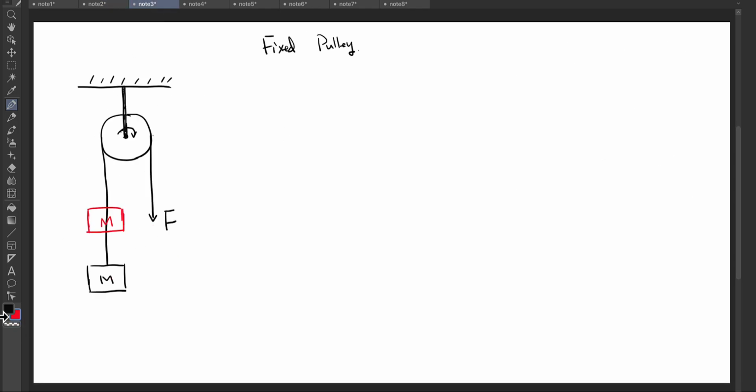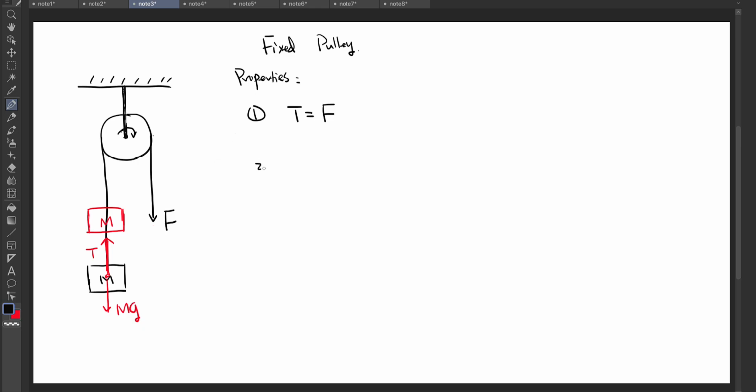So the properties of the fixed pulley. First one, the tension force. Let me first draw a picture: the free body diagram for the mass M. That's the tension force, and the other force acting on M is gravity. So first is the force relation, T equals F.